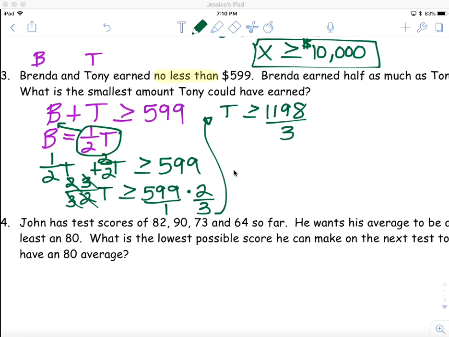This simplifies to 399.3 repeating. Since we're talking about money, we can round it to the hundredths place to be $399.33. So Tony earned at least that much.